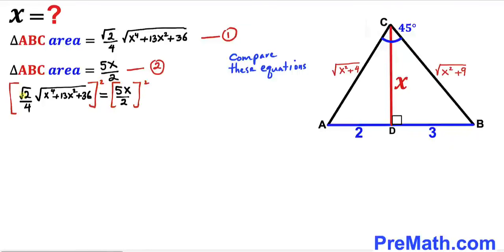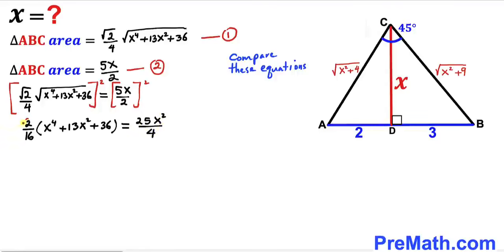So therefore on the left hand side, square root of 2 squared is going to be 2 divided by 16 times this whole thing, x power 4 plus 13x square plus 36, is going to be equal to 25x square divided by 4.